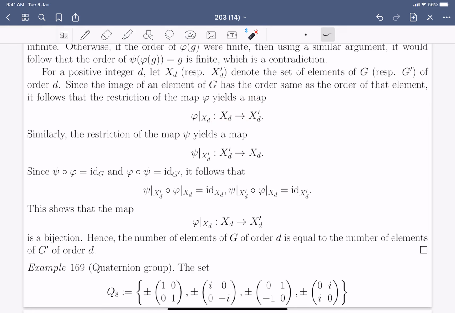This bijection can be obtained by this isomorphism phi that we have been given.